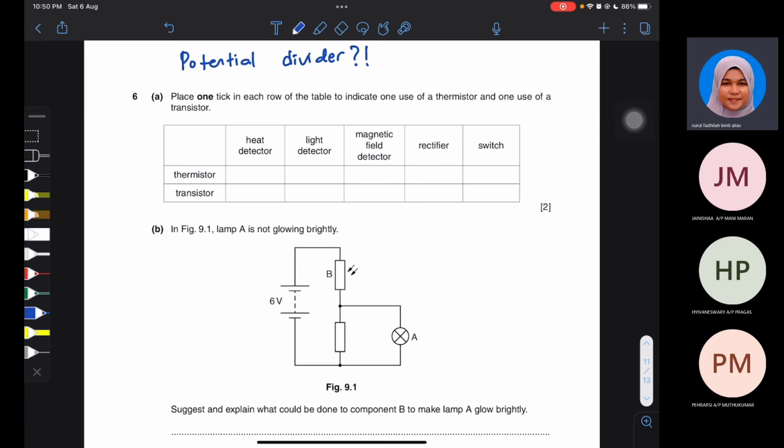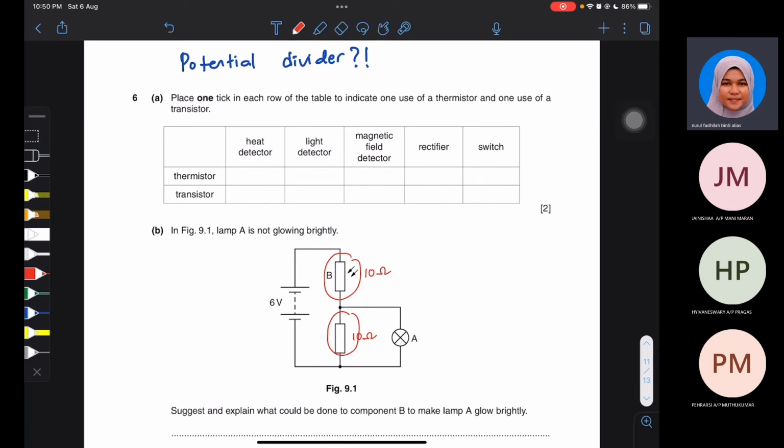Dekat sini kita ada resistance di sini. Contoh resistance ni 10 ohm. Sini pun 10 ohms. So resistance ni sama kan? Jadi bila resistance sama, what's the voltage here? Voltage dekat sini akan jadi 3 volt. Sini pun akan jadi 3 volt. Sebab apa? Sebab they share the same amount of voltage. The amount of resistance.